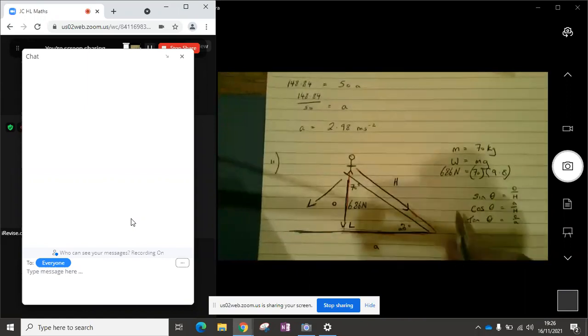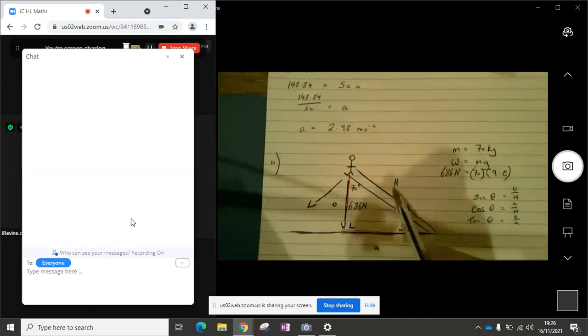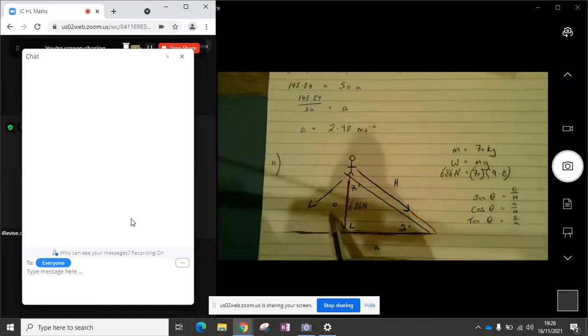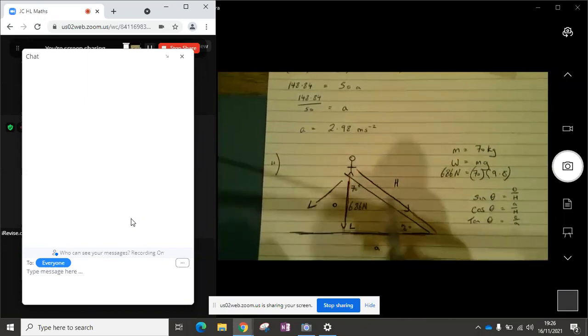Okay, so we are looking for H, so we can use sine or cos of those, okay? So if we're going for sine, it's going to be O over H.